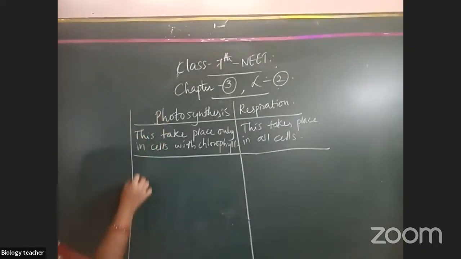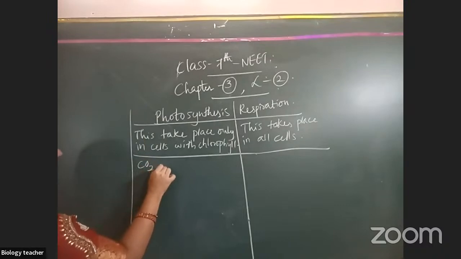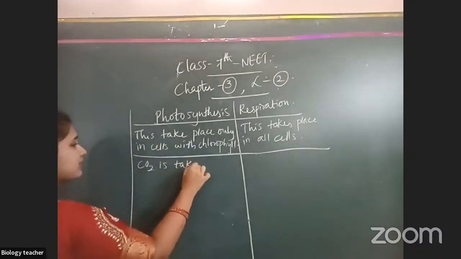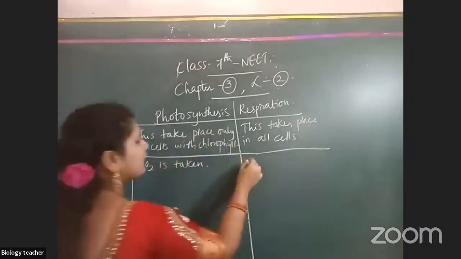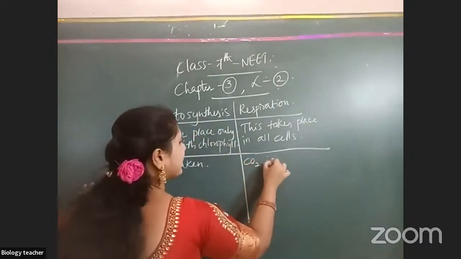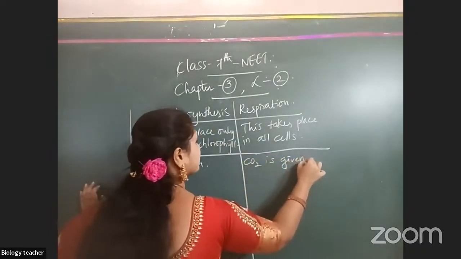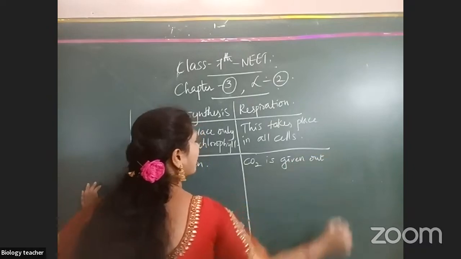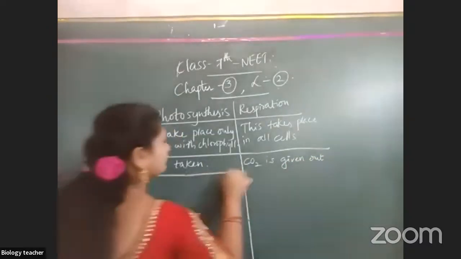For photosynthesis, carbon dioxide is taken. But in respiration, carbon dioxide is formed and given out.